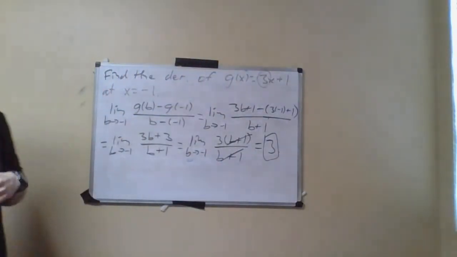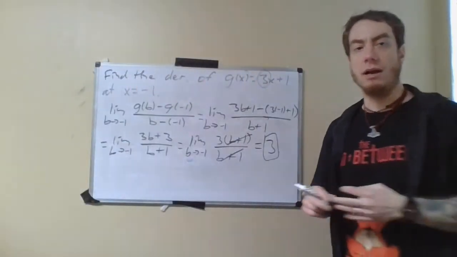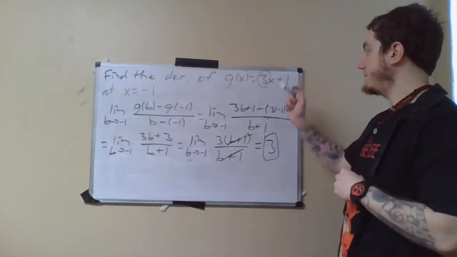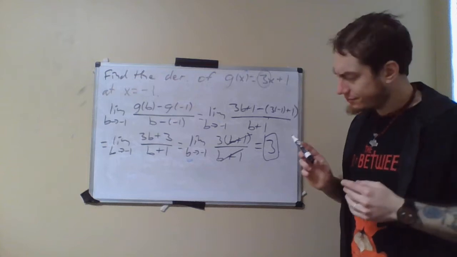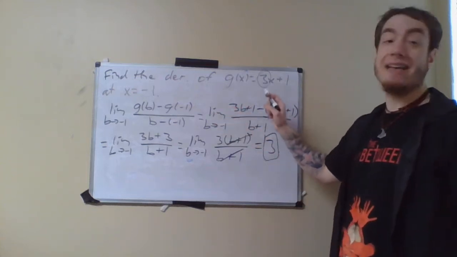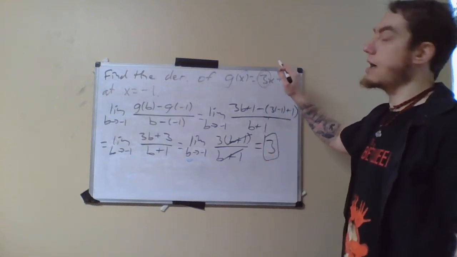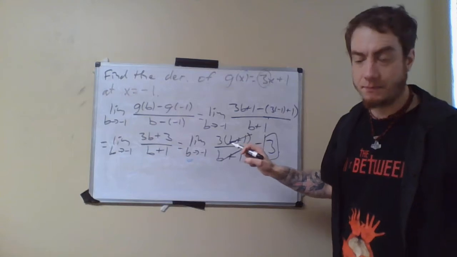We can say, yeah, essentially that would be impossible to have that happen any other way. But for now, just notice, from this computation, we get 3, and that's really intuitively what we would expect, because this is a line with a slope of 3.